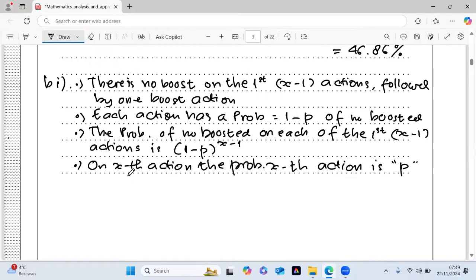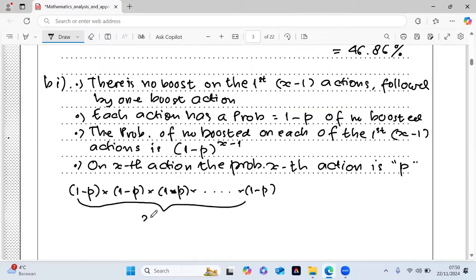If we combine this theory, we can write it like this: 1 minus p multiplied by 1 minus p, multiplied until X minus 1 times, and multiply by p.